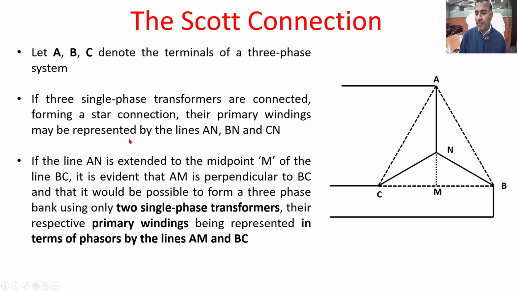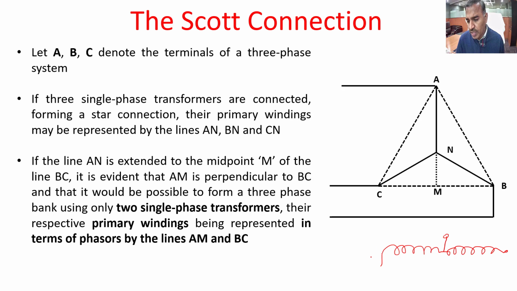So what will happen if, in this three-phase system, we connect a single winding directly between C and B, and then take a tap exactly at the middle point? What will be the voltage at the midpoint?